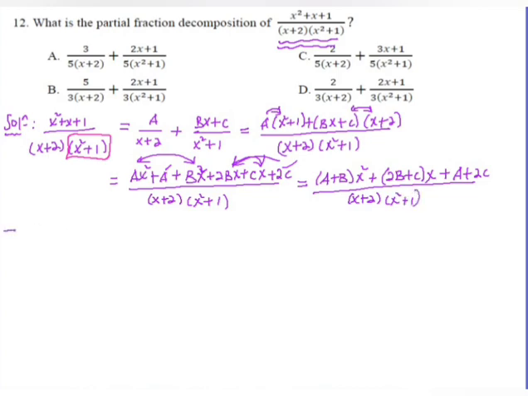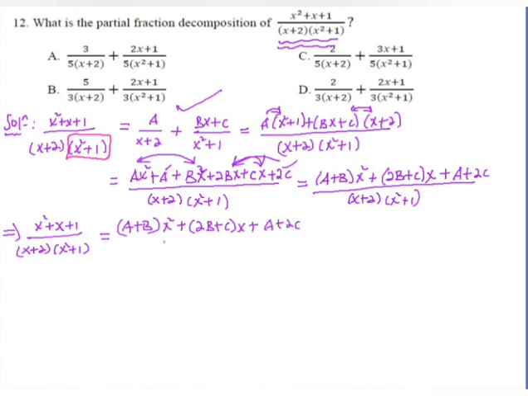Now we are comparing these two things. x squared plus x plus 1 over (x plus 2) times (x squared plus 1) is the same as, according to this notation, (a plus b) times x squared plus (2b plus c) x plus (a plus 2c), over (x plus 2) times (x squared plus 1).